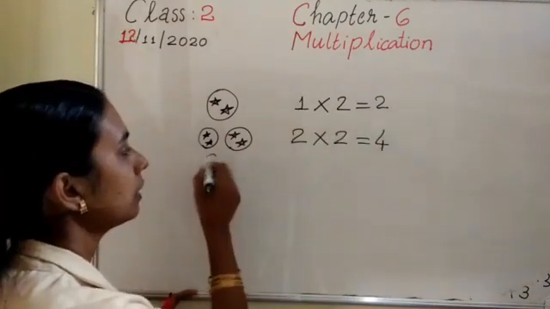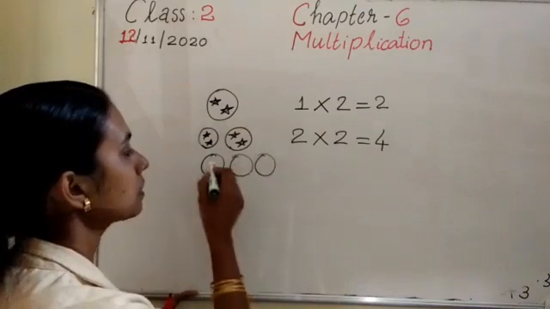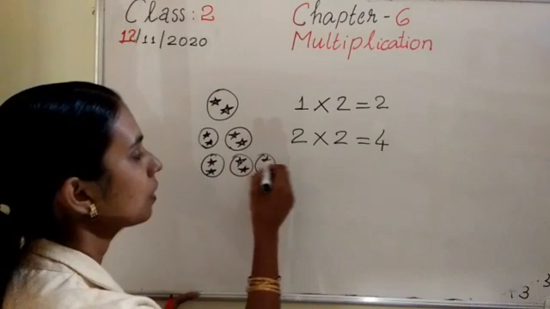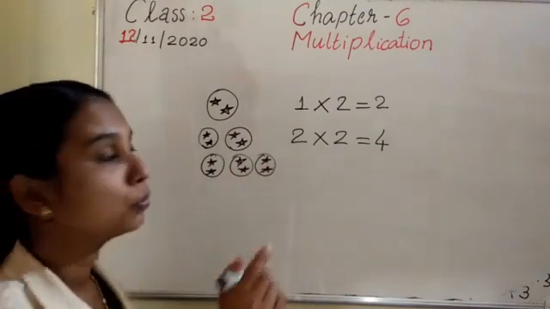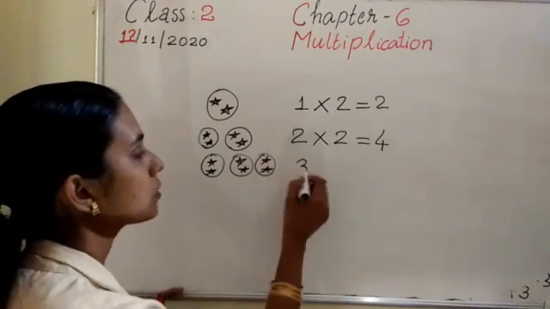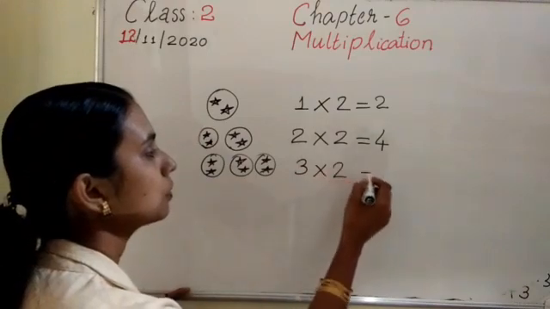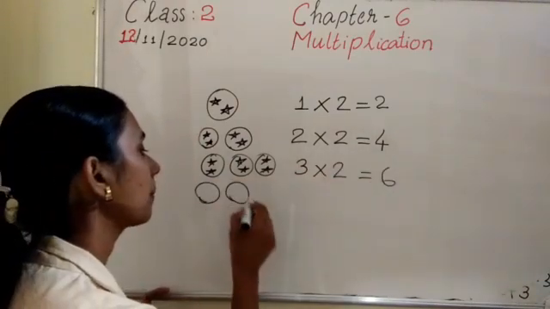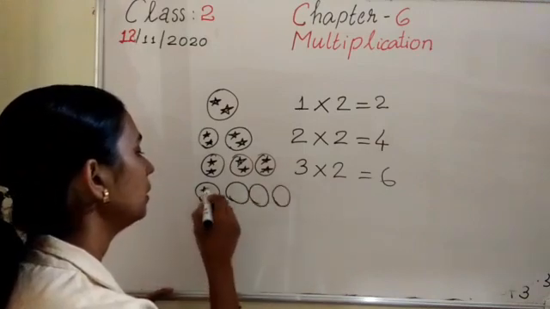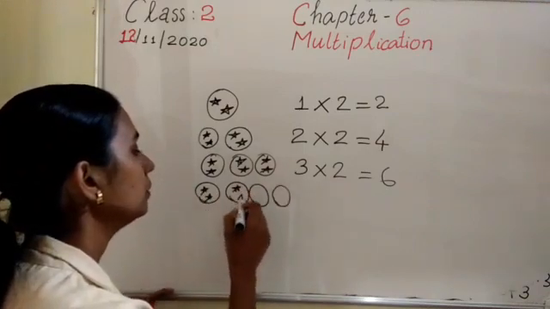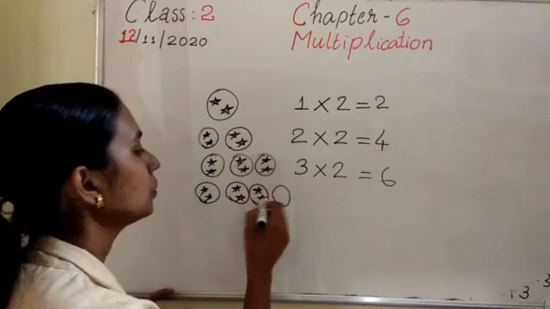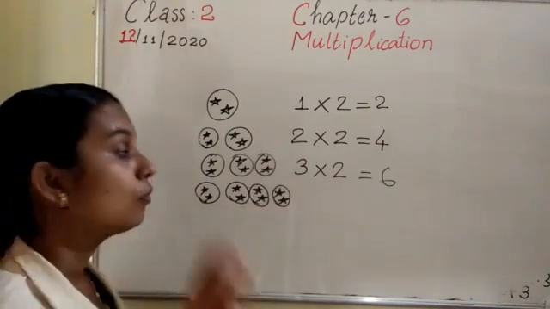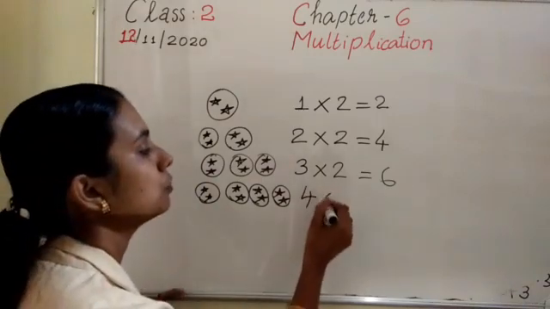How many in all? 4. Then 3 groups. Each has 2. How many times 2? 3 times 2 is equal to 6. Then 4 groups. How many times 2? 4 into 2.